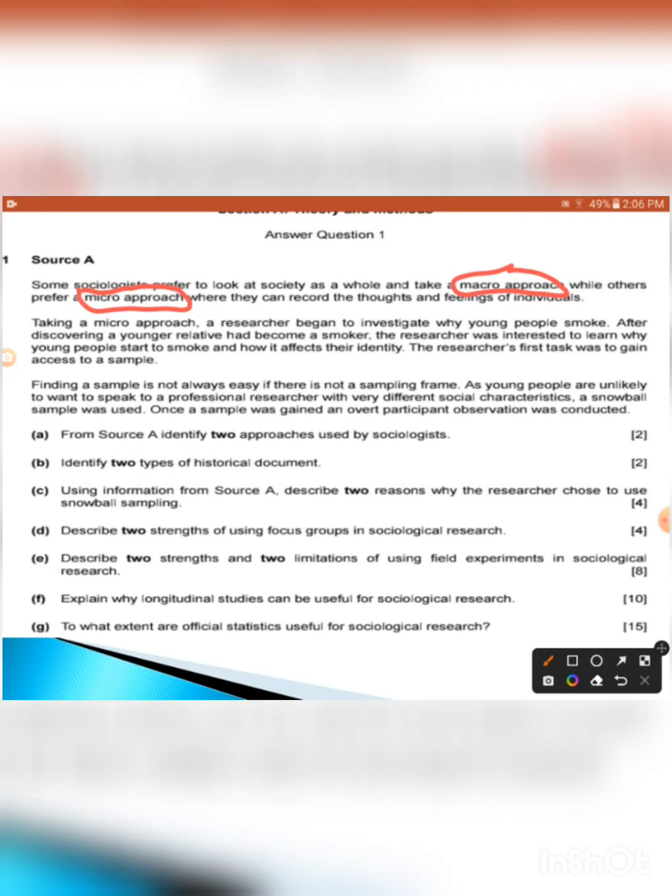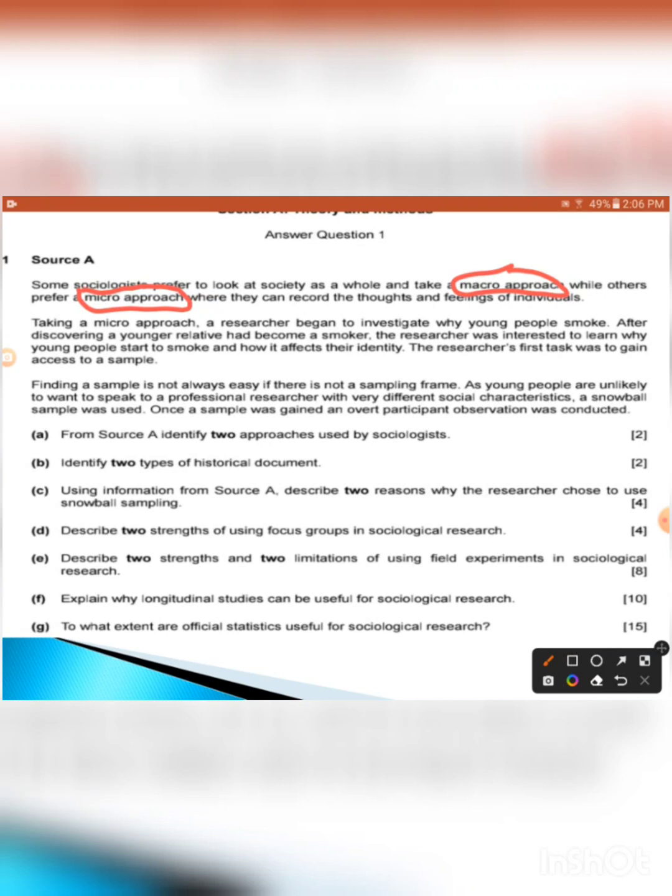We selected some sample of 200, 250, 300, 400, 500, but the results are applicable to the whole population. Whereas if we see the micro approach, that is basically the interpretivist approach.